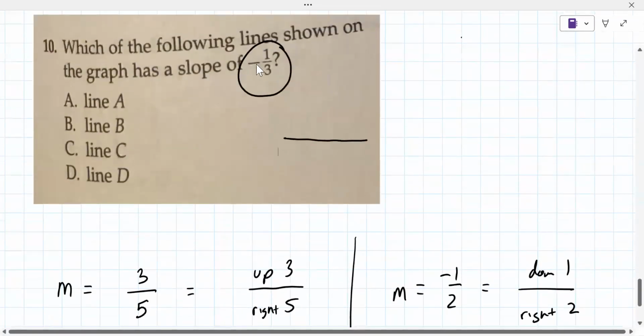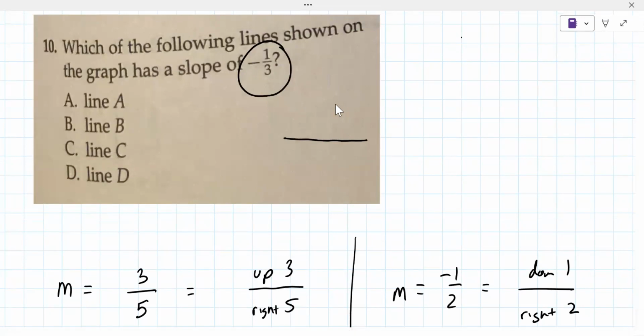Could you attempt to do that for me? I don't know, because there's just a negative before the whole thing. Would it be down 1, 3 to the right? Yes, you got it.